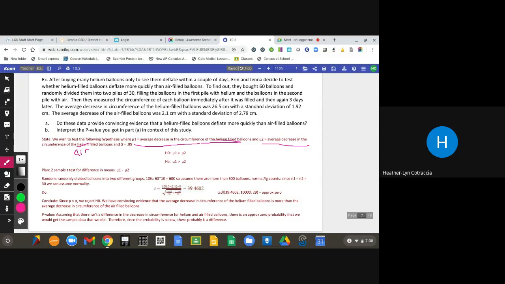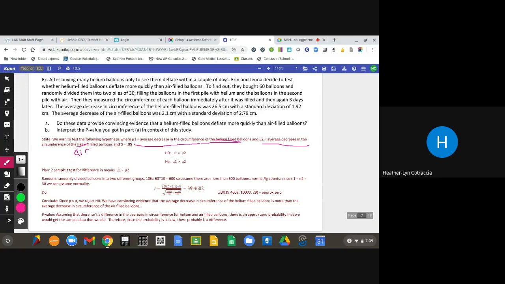Alpha is 0.05, and then here is my hypothesis right here. The first one's always that mu1 equals mu2, and my alternative is that the decrease in circumference of the helium balloons will be greater than the average decrease for the air-filled balloons.